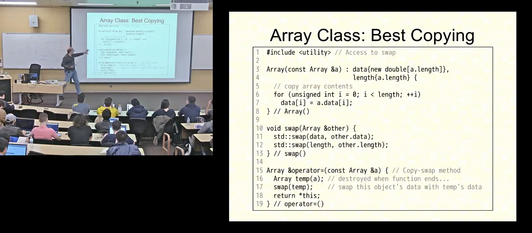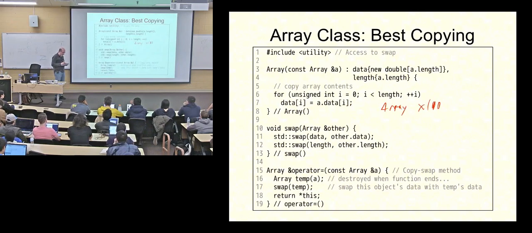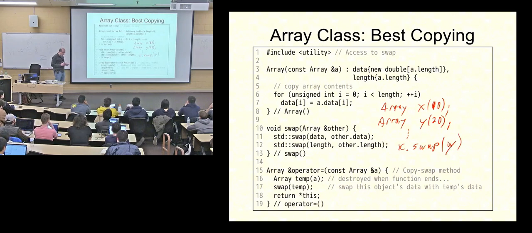The first thing we did here is create this swap member function. This swap member function allows for other cool things. I could create 2 arrays: array X has 10 elements, and array Y has 20 elements, and after filling those in, I can say x.swap(y), and it will swap the contents.